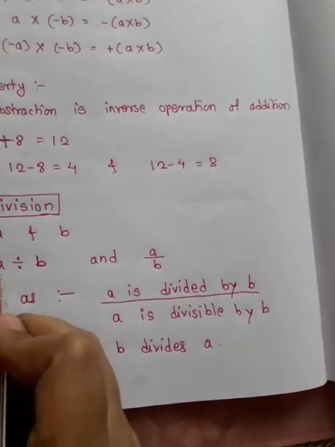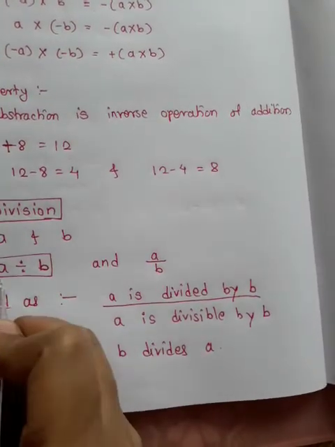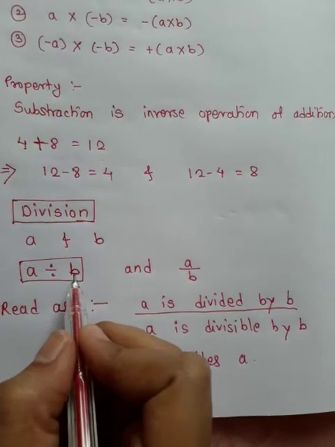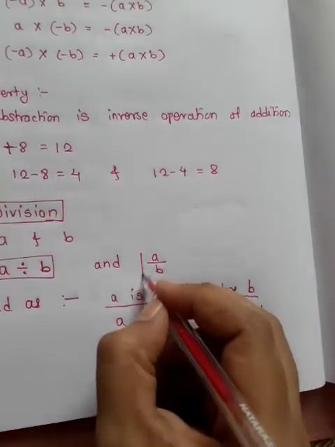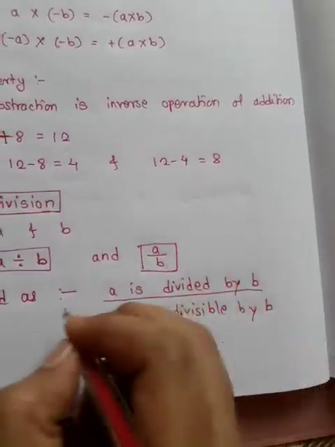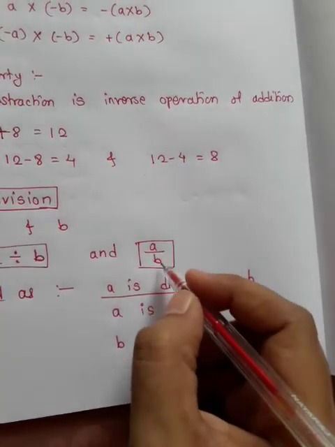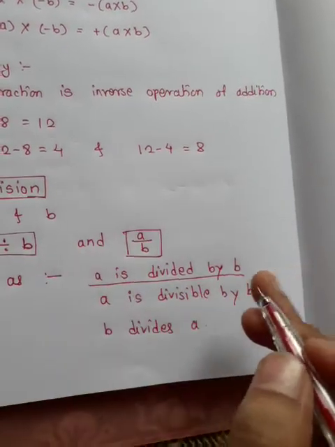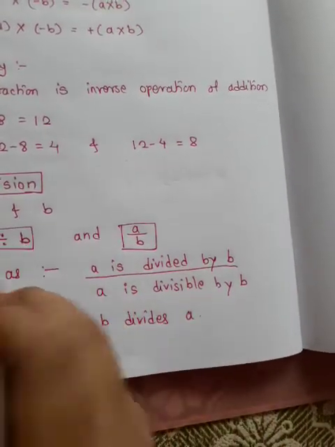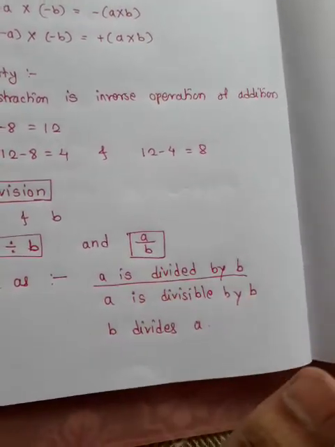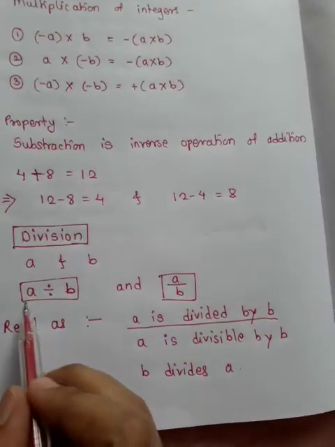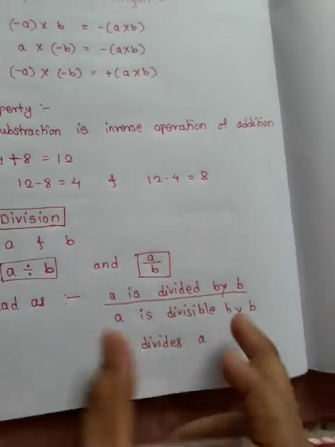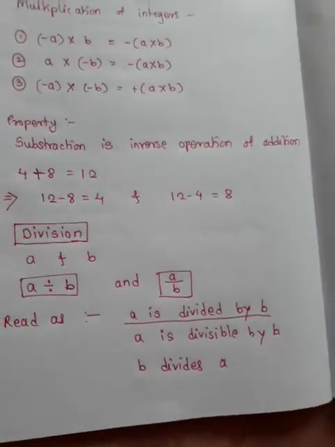When we write this term, we read it as a is divided by b, and the same for the other way of writing it. This is the representation of division and this is how to read it.